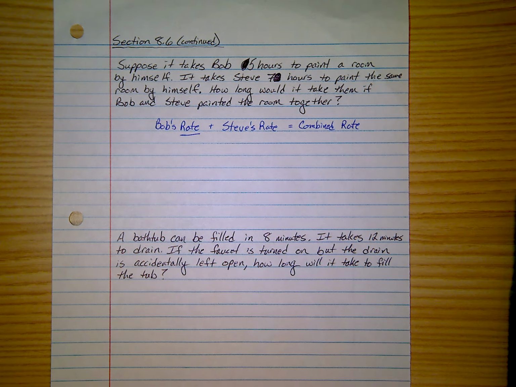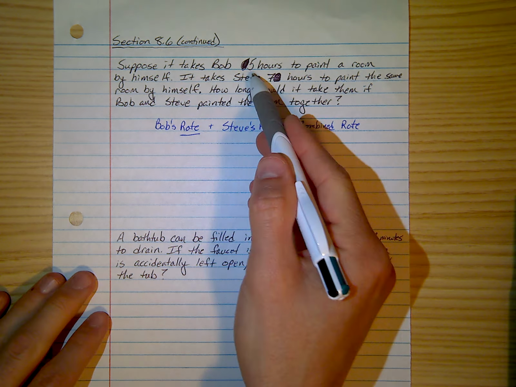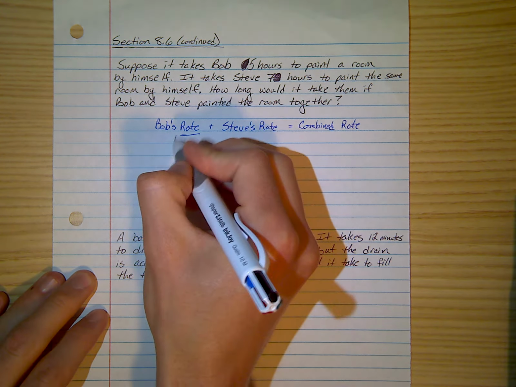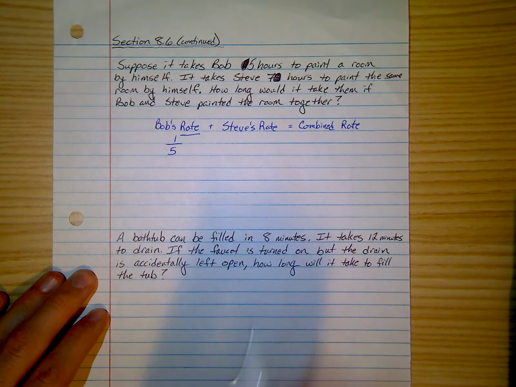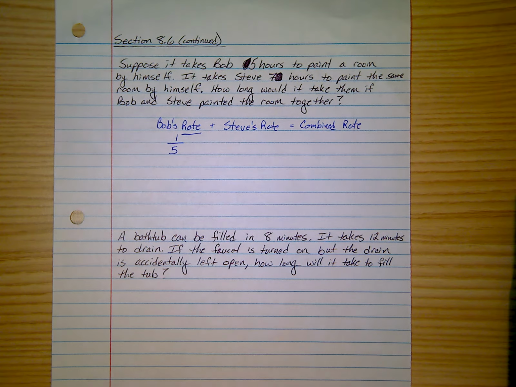So if Bob is working for 1 hour, how much of the room does he paint? Well, assuming he works at a consistent pace, he is working at a rate of 1/5. He is getting 1/5 of the room painted in 1 hour, right? Because it takes him 5 hours.